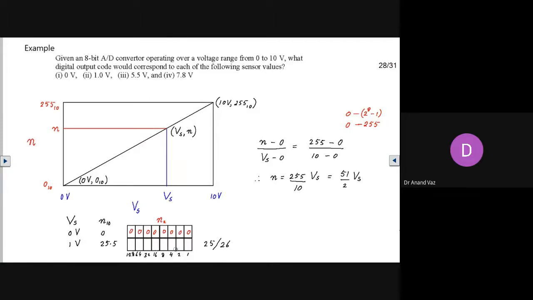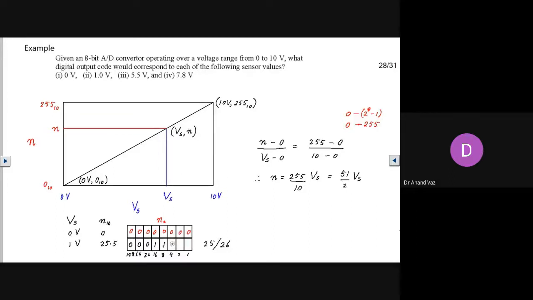So these are the weightages for each of these boxes. Now, if you're going to start with 25, you can't have 32 here. So these digits are going to be 0. Then you have 16, you'll put a 1. 16 plus 8, again you'll put a 1 because that's 24.